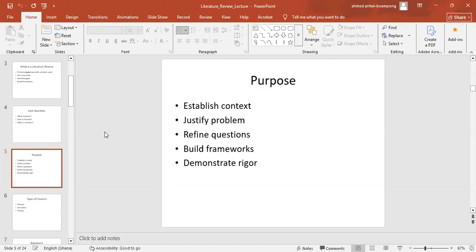Okay. Then secondly, it justifies your research problem. You are not only choosing a topic. You are identifying a gap.